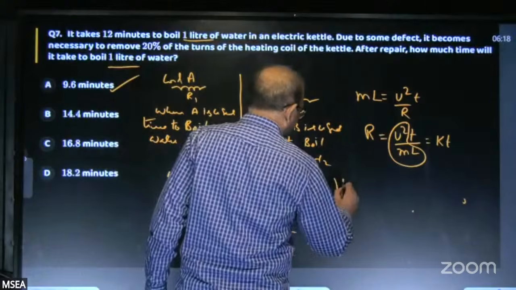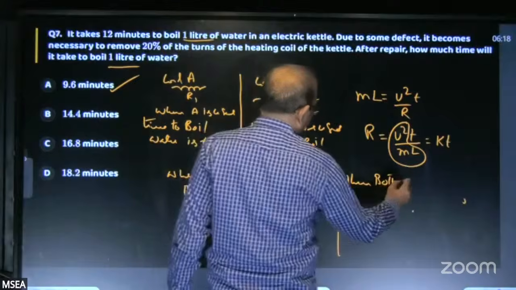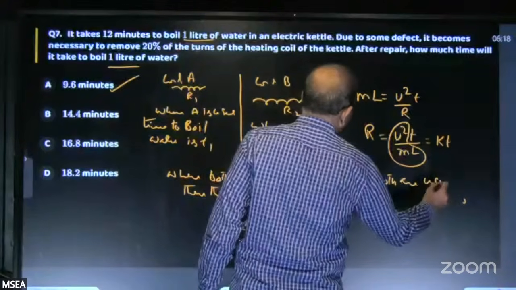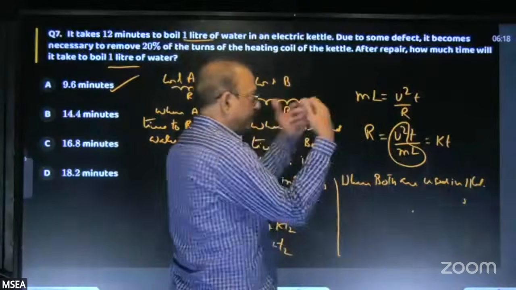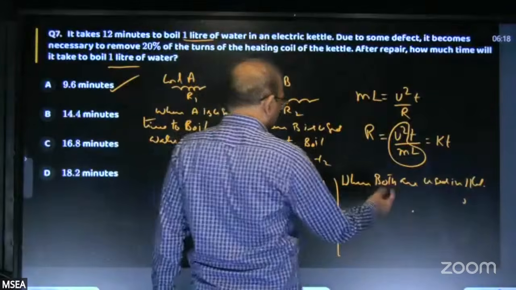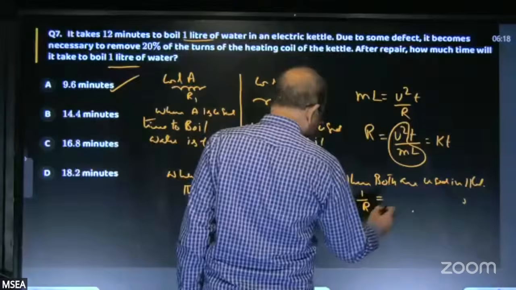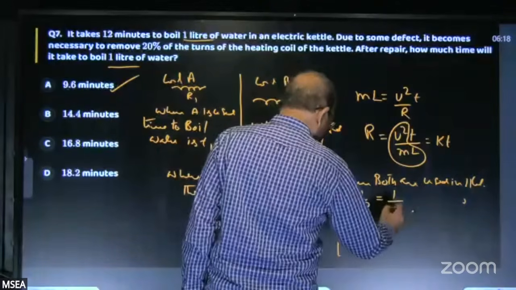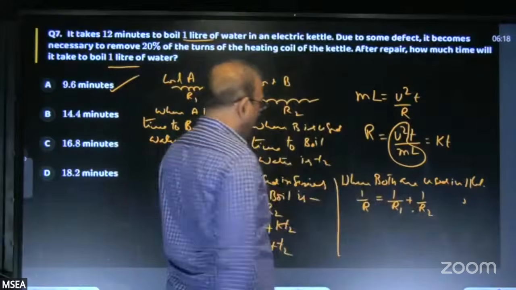Suppose both the coils are used in parallel combination to the same mains, what is the time taken to boil water is asked. Then in parallel combination, effective resistance is 1 by R equal to 1 by R1 plus 1 by R2.